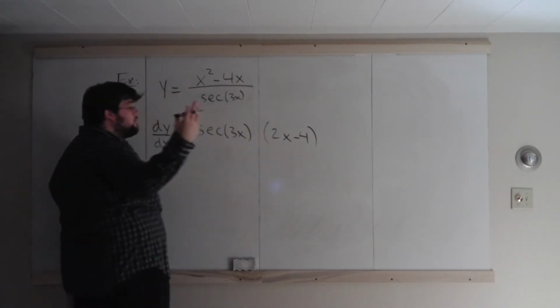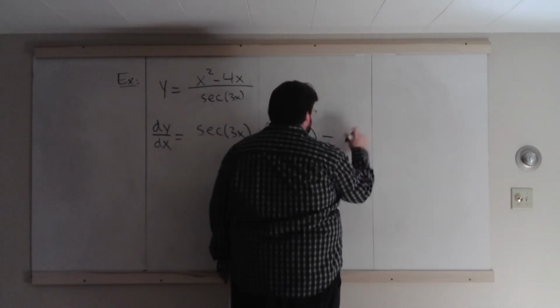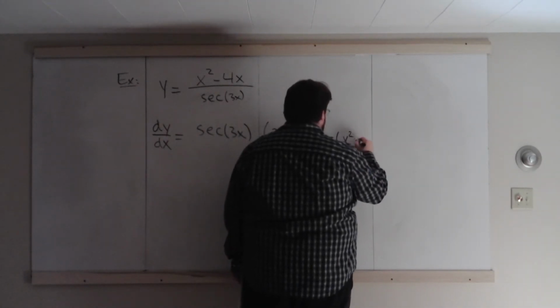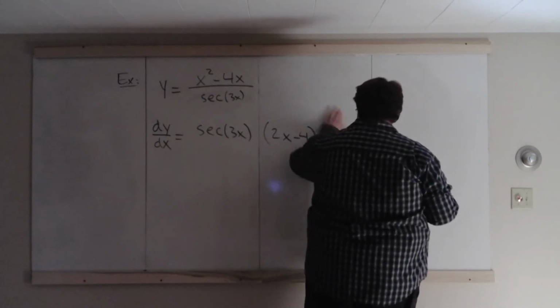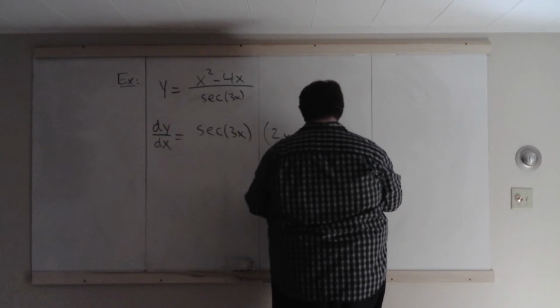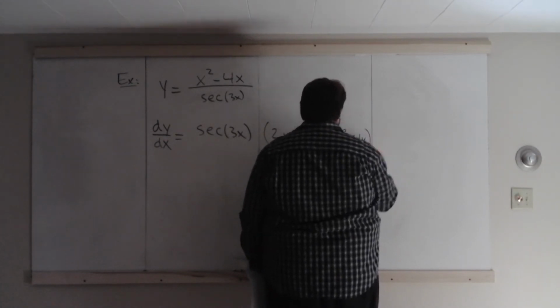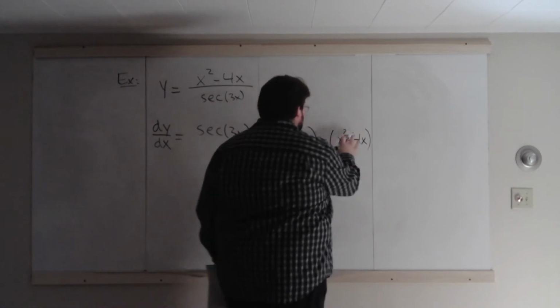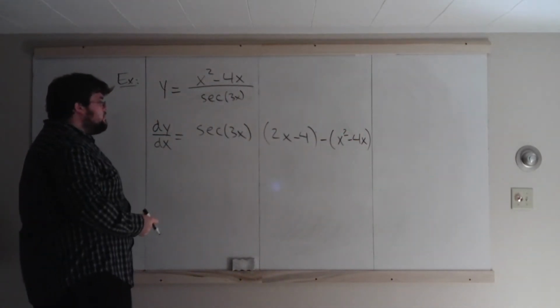We haven't used a chain rule yet. Bottom derivative of top minus top derivative of the bottom.